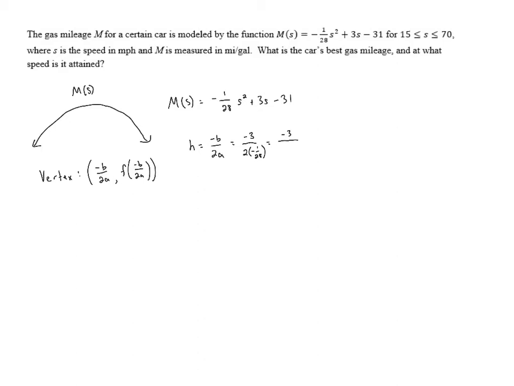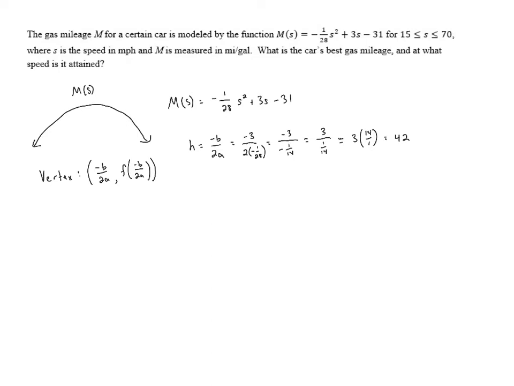We can reduce these by a factor of 2, and that's going to give us negative 1/14. Now, a negative divided by a negative is a positive. So this is going to be 3 divided by 1/14. If we divide something by a fraction, it's the same as multiplying by the reciprocal. So this is 3 times 14 over 1, which is 42. So the x value of the vertex is 42.